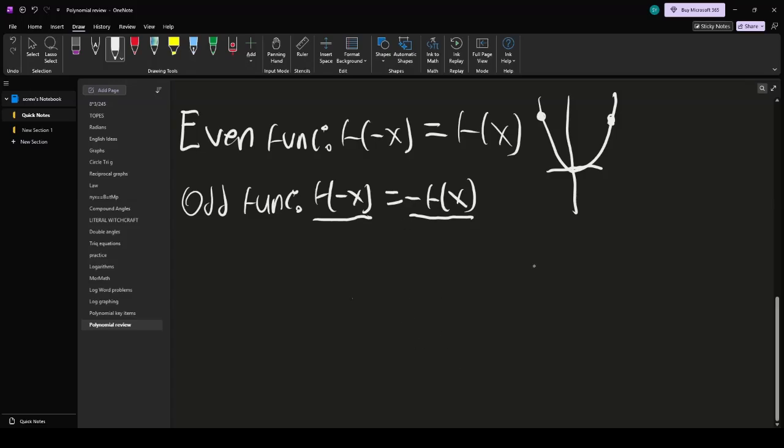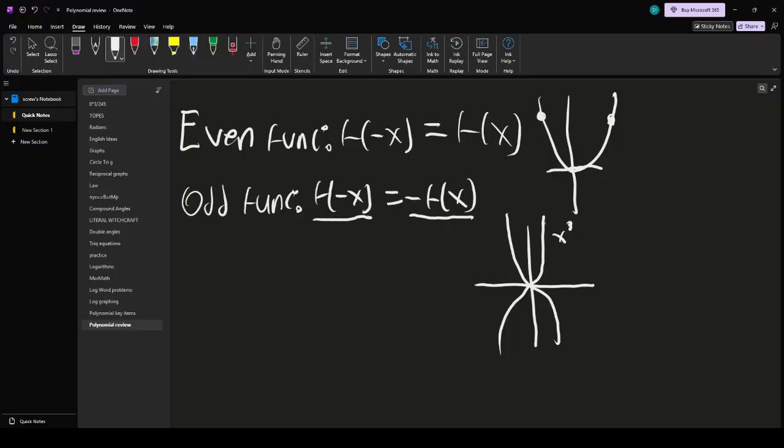So let's take, for example, x, this is roughly what x to the power of 3 looks like. Not really, but anyway, the main thing is that if you flipped it along the y-axis, you would get something like this, okay?